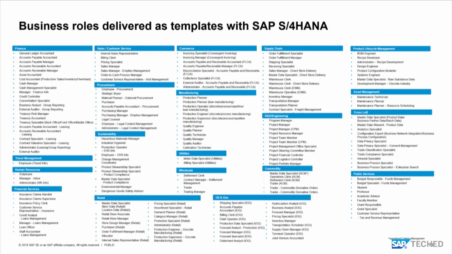For sure, we don't assume that they fit 100% to your needs, but they serve as a starting point to experience Fiori and then adapt the roles or create your own roles in your implementation project.